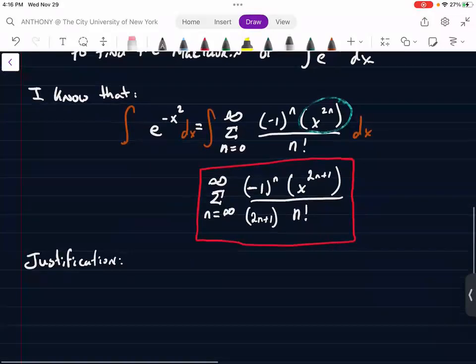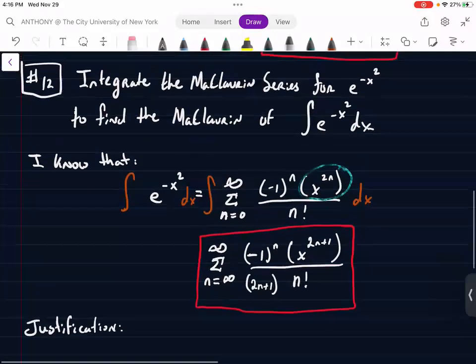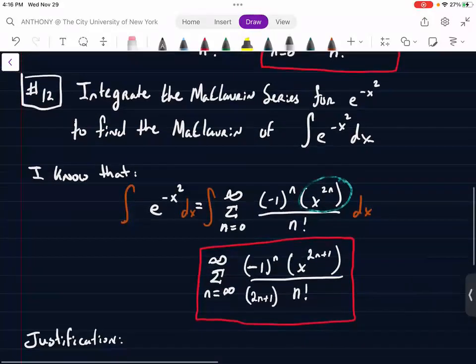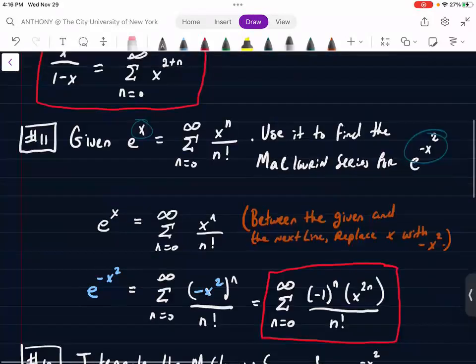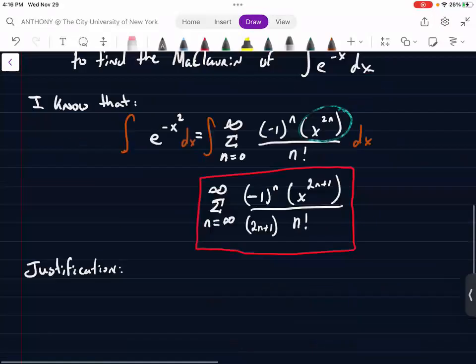Okay, so originally in problem 11, it says e to the x is equal to the sum of n equals 0 to infinity of x to the n over n factorial, right?